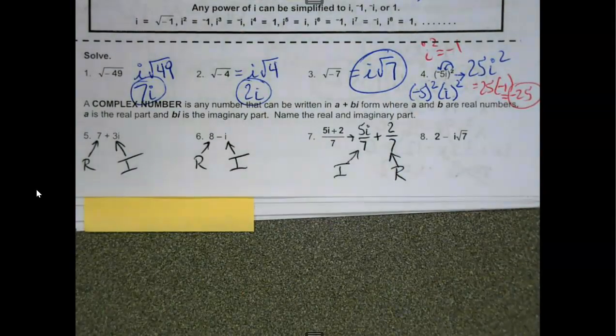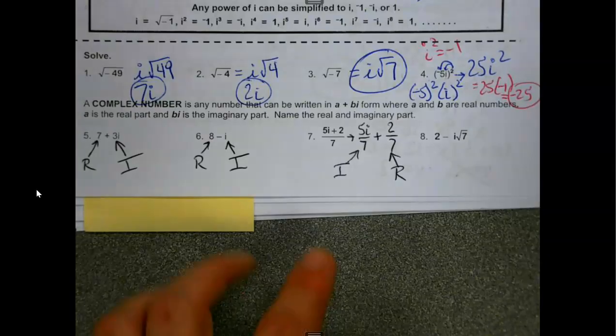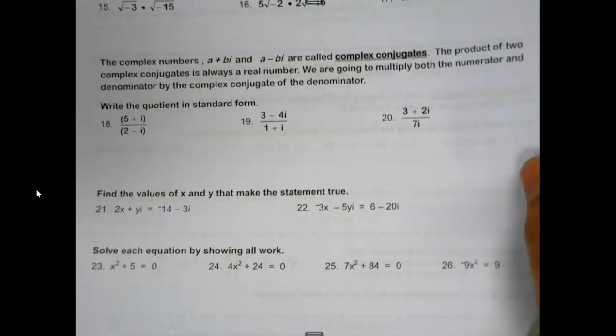So all I'm looking for when you hear about putting it in a plus bi form, that's it. Be able to tell the difference between what is i and what doesn't. There's not a whole lot else to that part. So this is like exponent rules meet radicals meet combine like terms, and it can get to be a little bit funky.